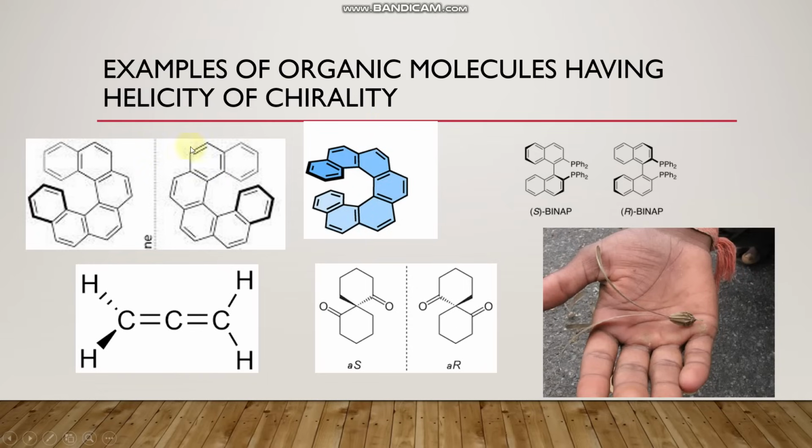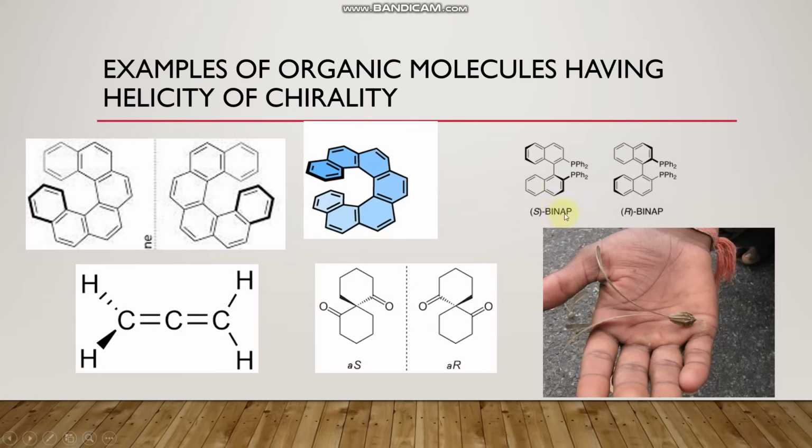We have these polyaromatic hydrocarbons. Here you can see that if you move from above to below, the direction of coil is clockwise, so this is a plus or P orientation molecule. And the other, if you see from above to below, this molecule has a direction of anticlockwise. It means it has minus orientation.